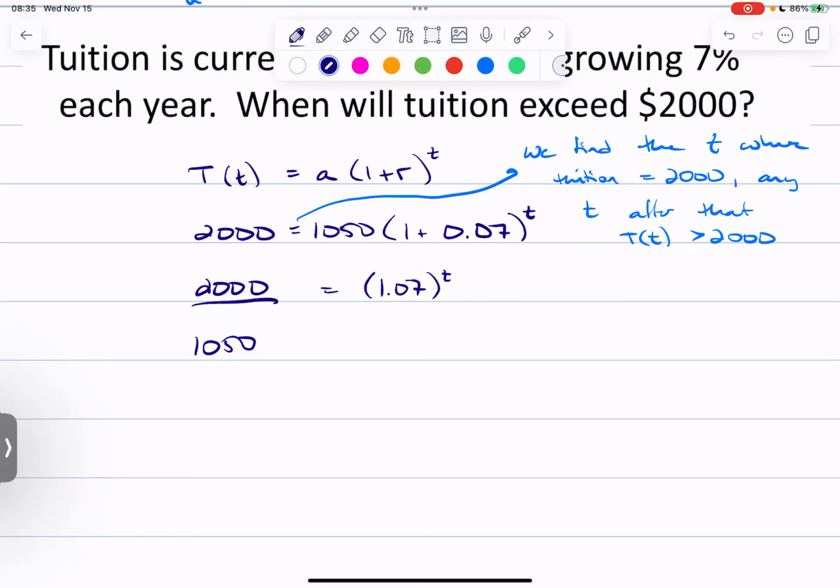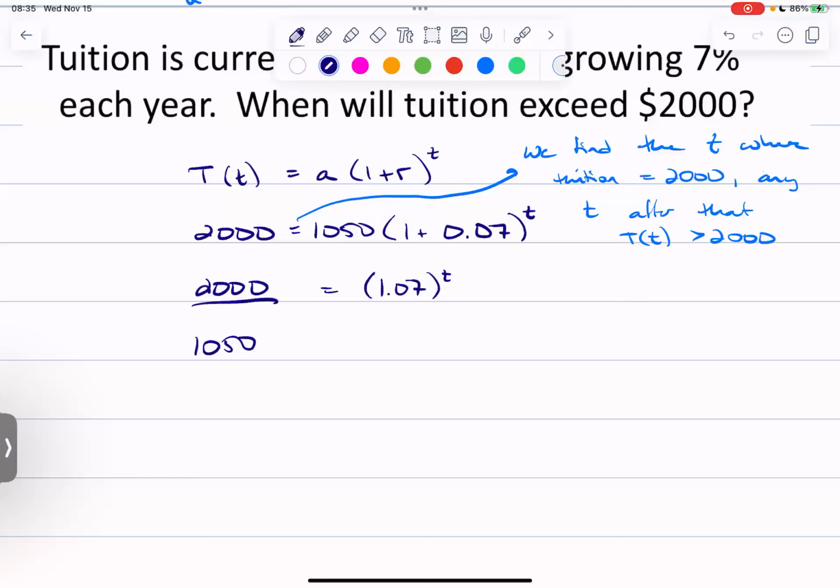Right. Isolate the exponent. Does that equal anything nice? I knew it. All right. I'm just going to leave it as is then.